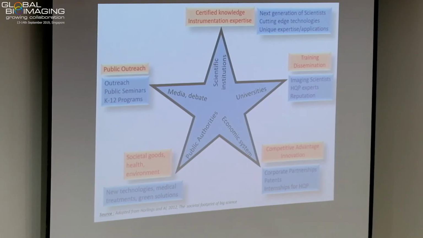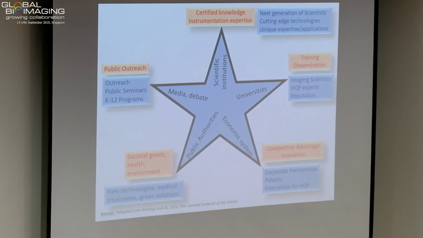Public outreach, I know a lot of institutions do public seminars on different disease treatments and awareness campaigns, K through 12 programs. Chris had that nice example of the 3D printed microscopes yesterday. And then knowledge and instrumentation expertise, so we're training the next generation of scientists in cutting edge technologies with unique expertise and applications.